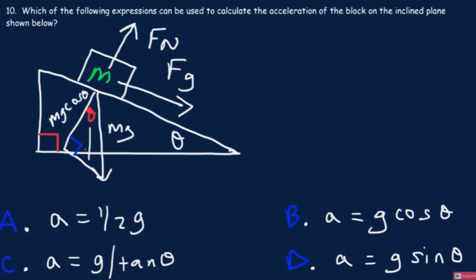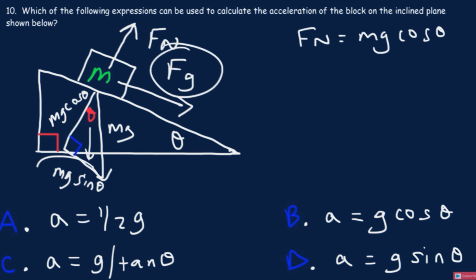And opposite to theta, we have this side, which is going to be mg sine theta, based on sine being opposite over hypotenuse. So what this tells us is that the normal force is equal to mg cosine theta, and the force of gravity parallel is mg sine theta. So those two are equivalent.